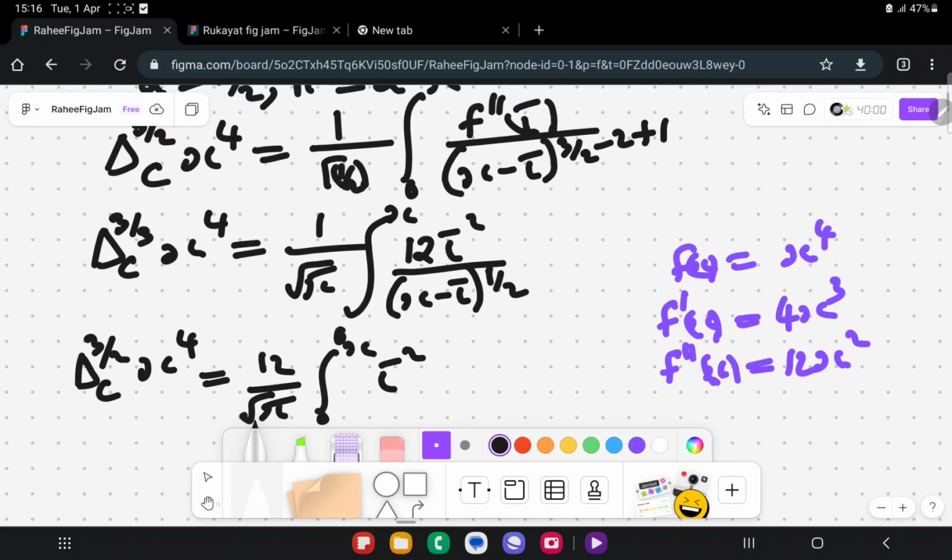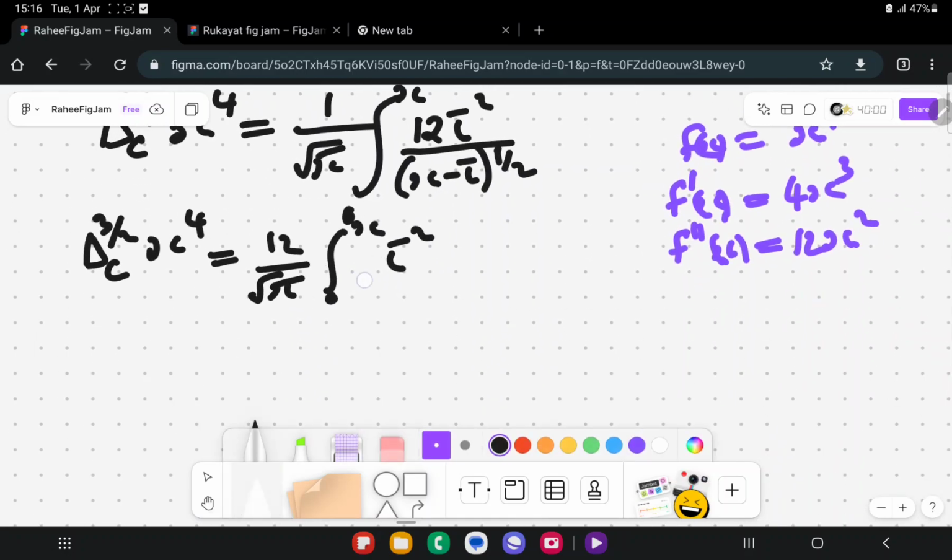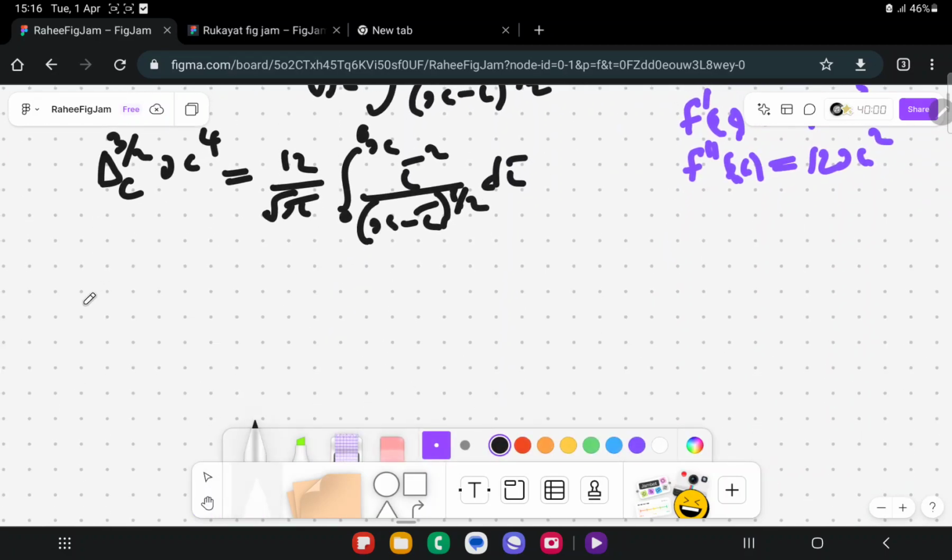We have tau squared all over x minus tau raised to power 1 all over 2, d tau. Now using the standard integral formula, let's say this right here is the standard integral formula.